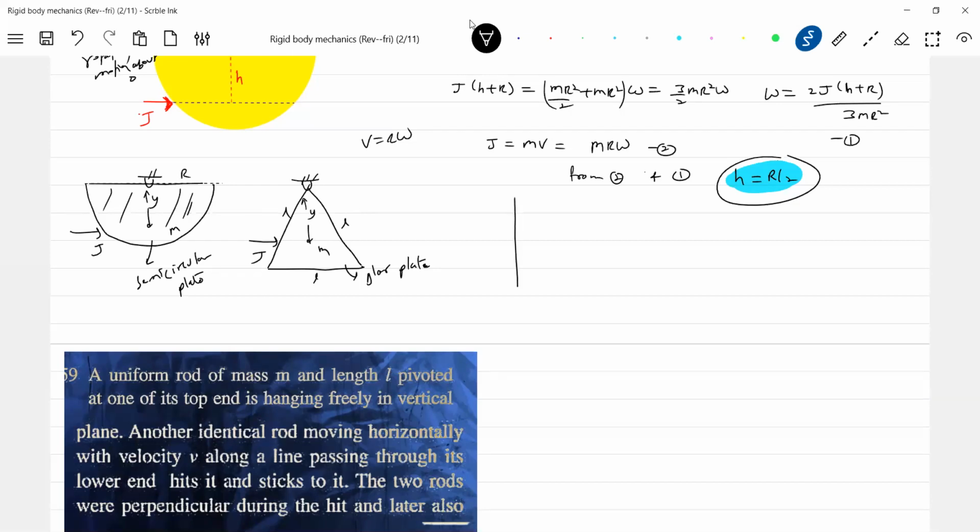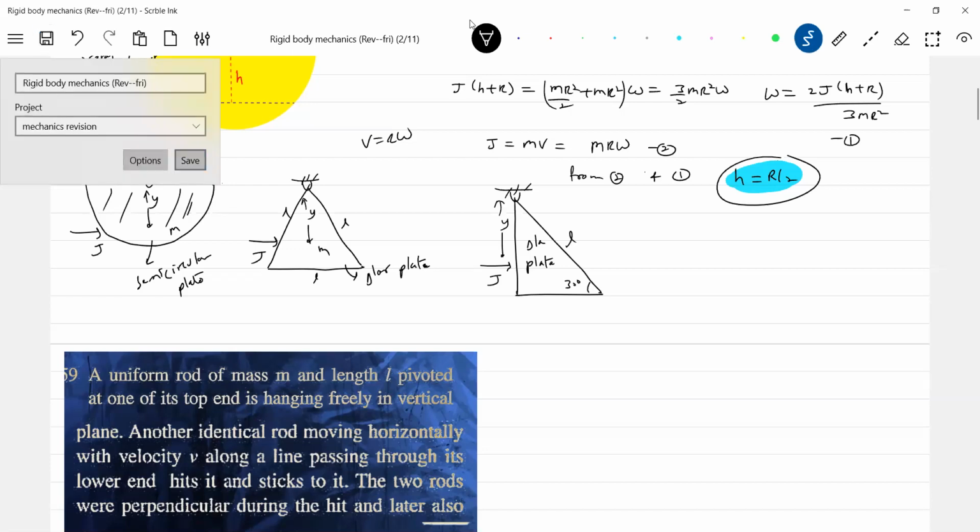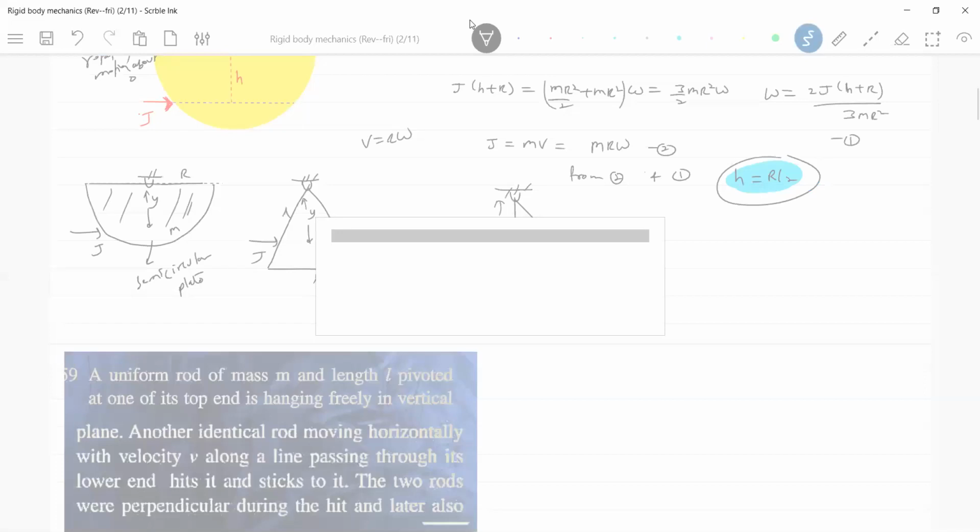So try to think once. All of them will lie on a smooth horizontal surface. You'll be on the safer side. In the exam, you'll be in a better position.